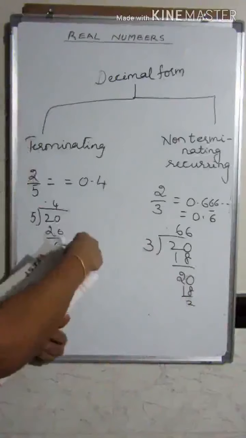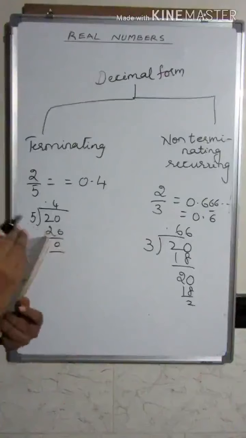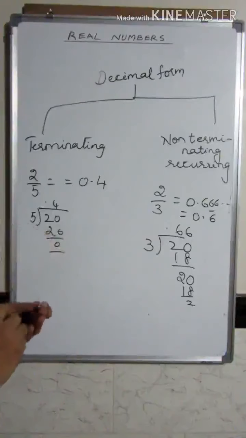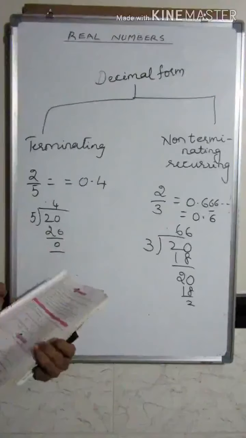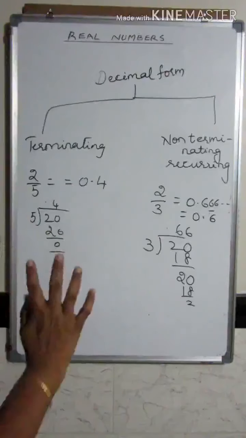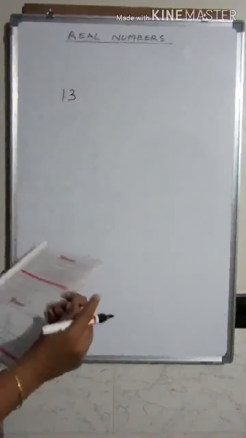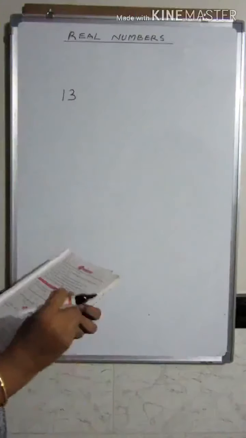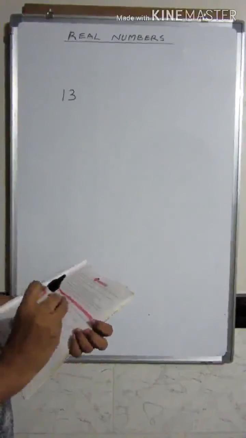Now next you have got in your exercise how to find out, whenever a rational number is given, whether it is terminating or a non-terminating recurring type. The problem given in the textbook, practice set 2.1, is to classify the decimal form into terminating and non-terminating recurring type.